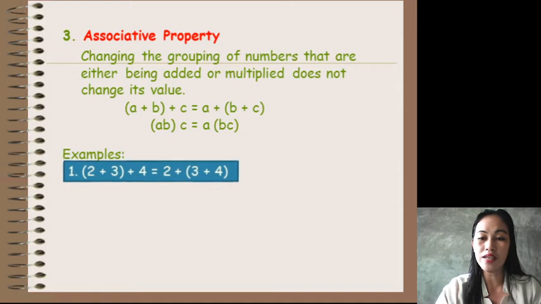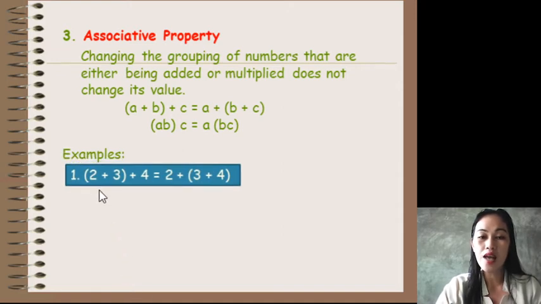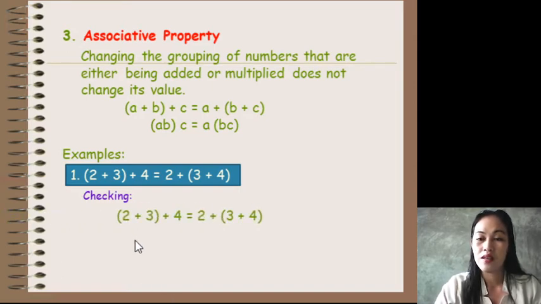Example number 1. The sum of 2 and 3, plus 4, is equal to 2 plus the sum of 3 plus 4. So we check if they are equal. We first add the numbers inside the parentheses. 2 plus 3 is 5. 3 plus 4 is 7.